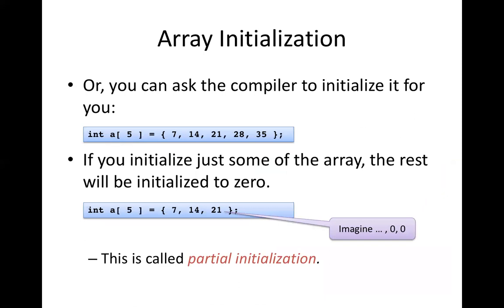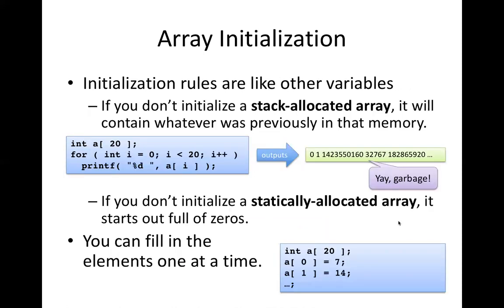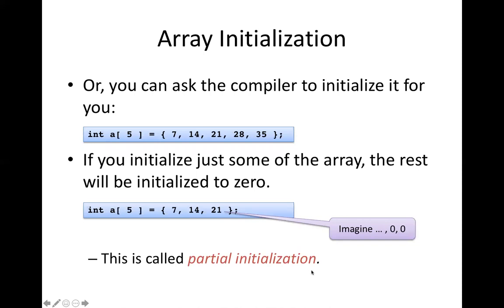What if you wanted to initialize a variable? So what if you wanted to initialize an array? If you'll let me back up a slide, you can do it one element at a time, like I'm trying to show here. Here I'm declaring an array A, and then I'm filling in its elements one at a time. But arrays also support an initialization syntax that can simplify this a lot.